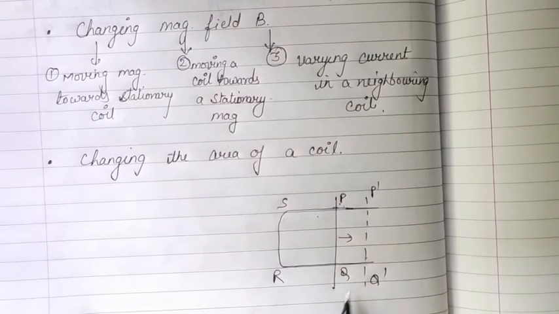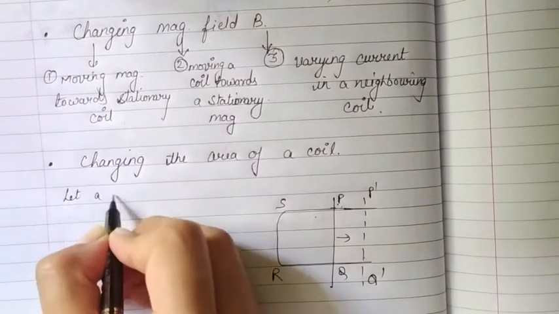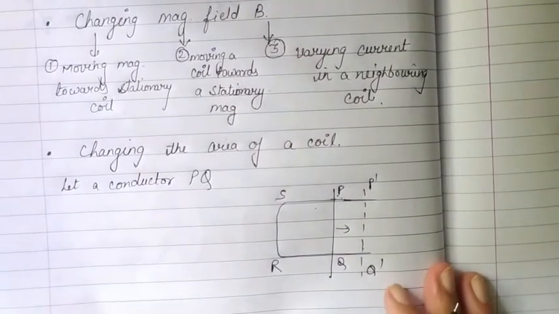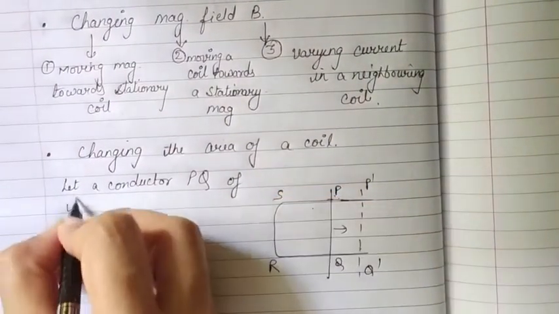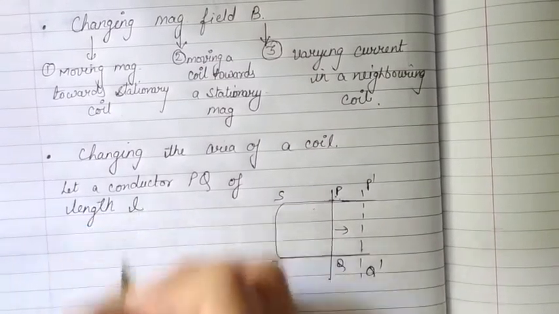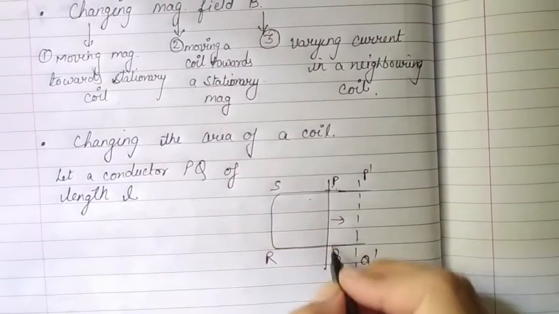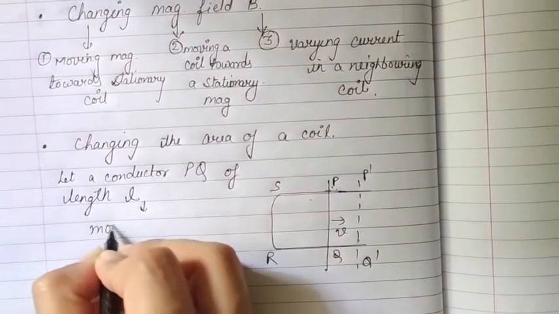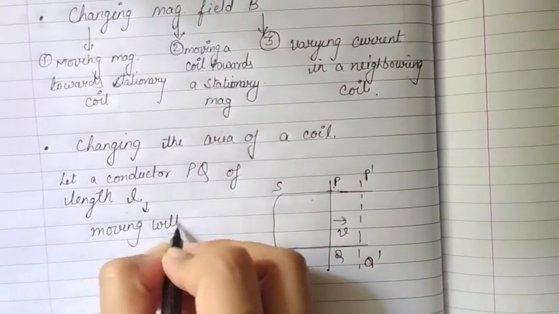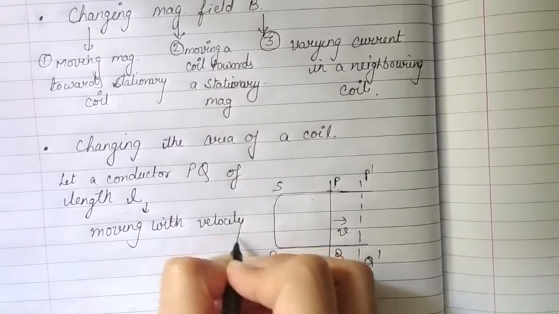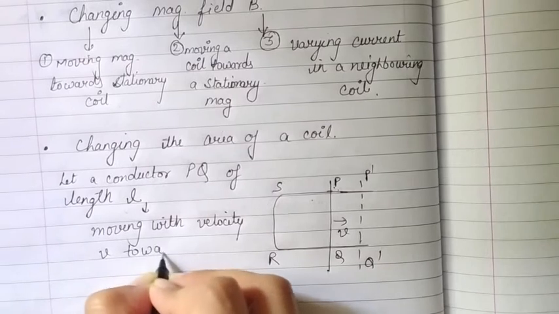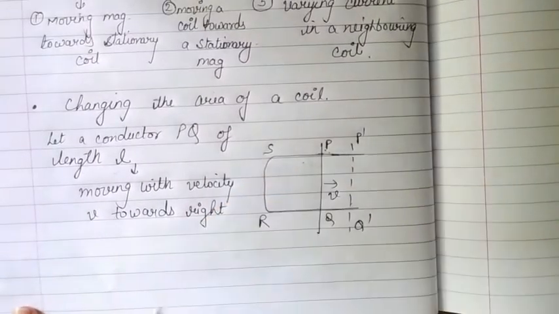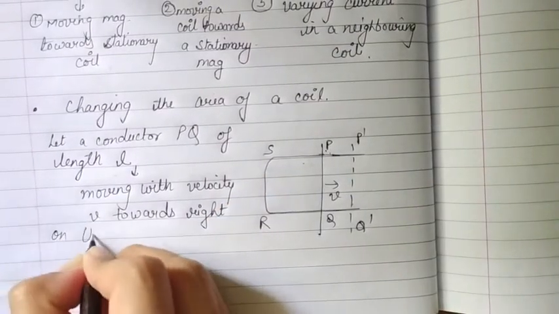Okay, so we are considering a conductor PQ of length L. Now this conductor is moving with velocity v towards right on U-shaped conducting rails.